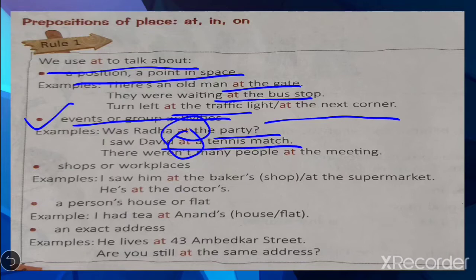There were not many people at the meeting. At the meeting is also a group activity. So here also we have to use at. Prepositions of place are not only showing place, but sometimes we have to remember that for showing events or group activities we also have to use at.